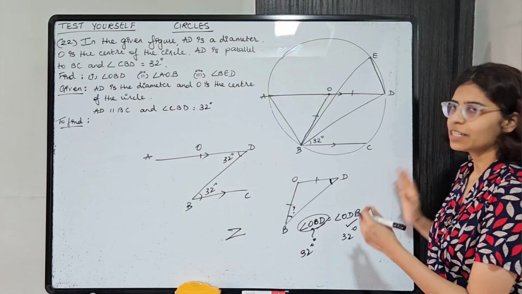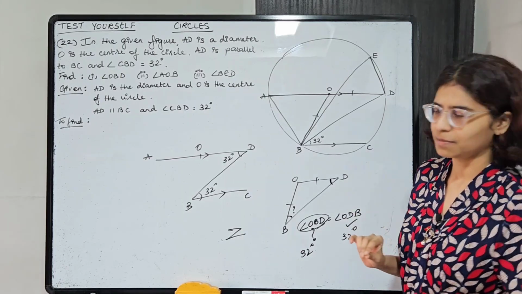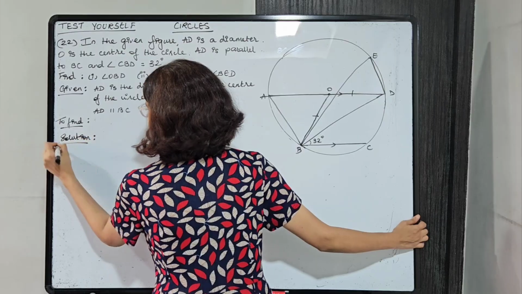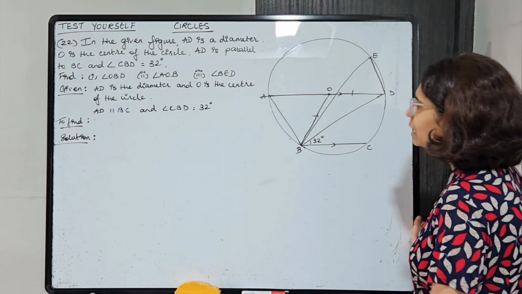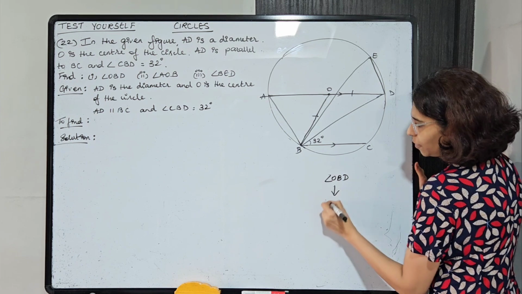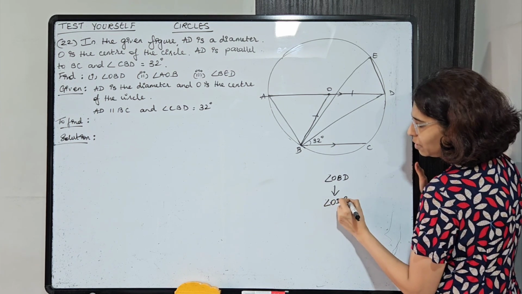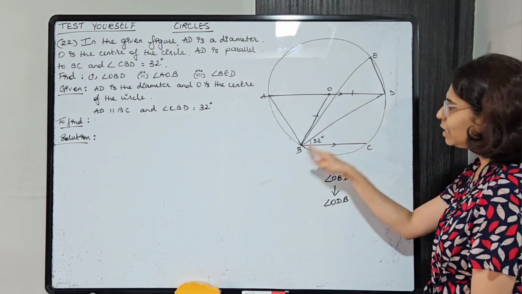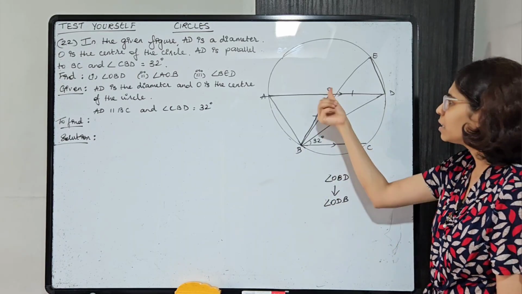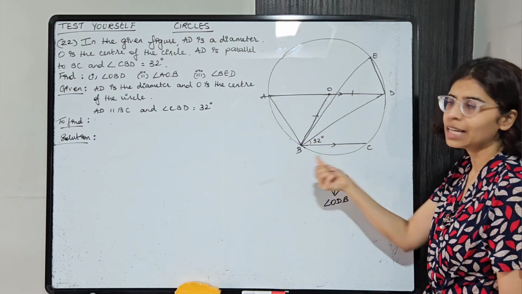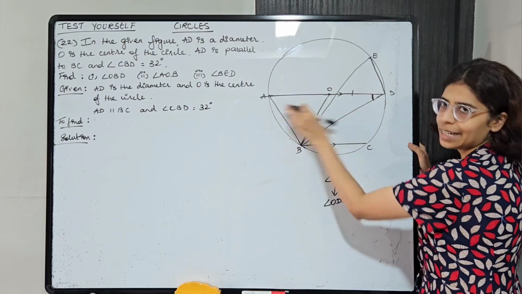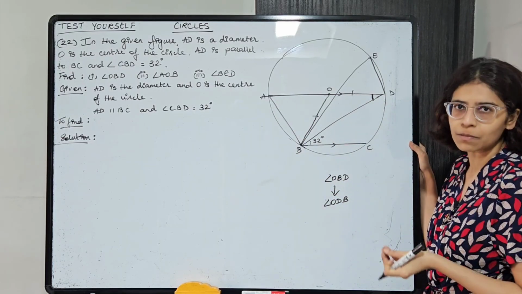Okay, so let us solve now with proper steps. To find angle OBD, I'll find angle ODB first. Whether you say ODB or ADB, it's the same thing, the angle remains the same. And we know AD is a straight line because it is a diameter.